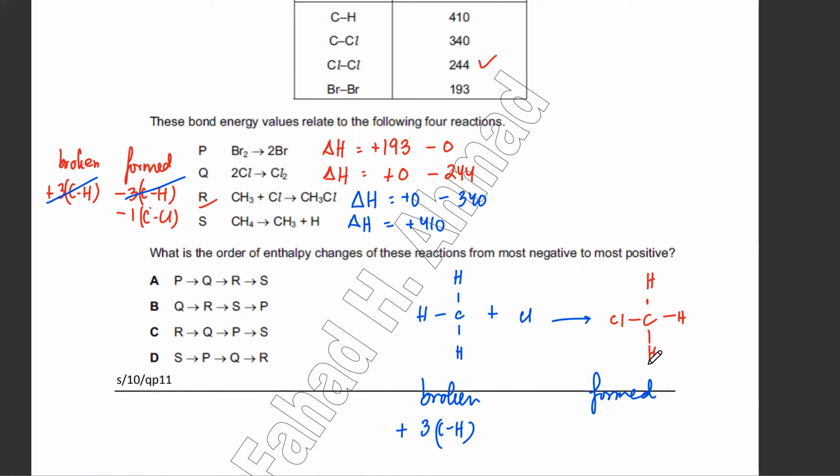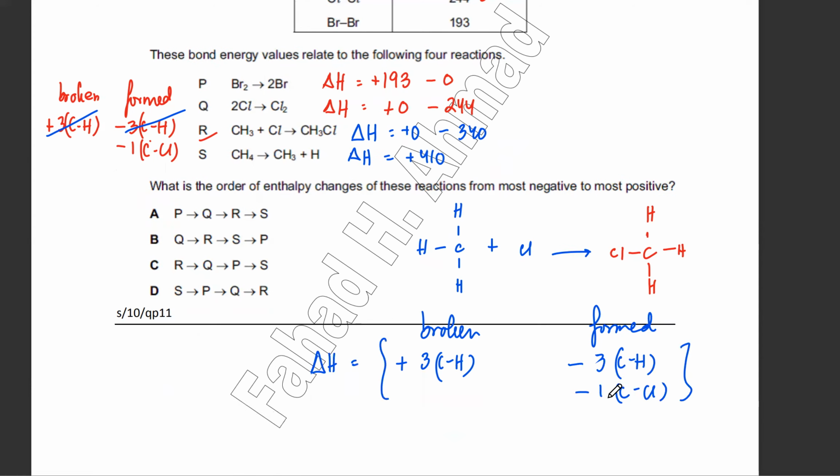So it's 3 C–H bonds and 1 C–Cl bond. Bond formation is exothermic, so the sign is going to be negative. The enthalpy change is going to be the sum of bonds broken and bond formation, which is all negative because that's exothermic.